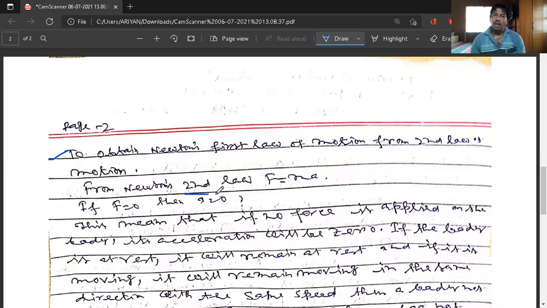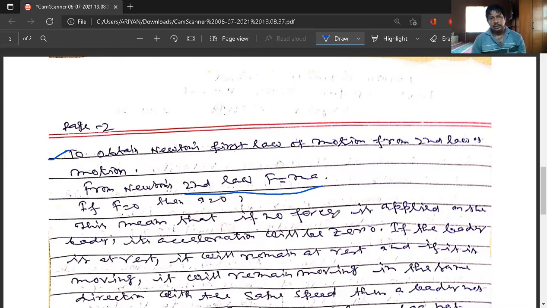From Newton's second law, F is equal to m a. If F is equal to 0, then a is equal to 0. This means that if no force is applied on the body, its acceleration will be 0.